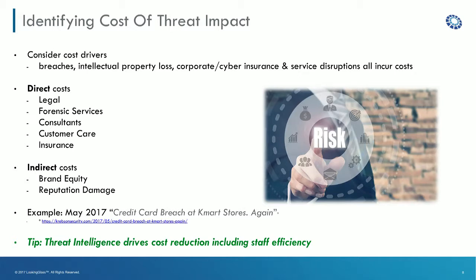For direct costs, forensic analysis to understand the full impact of a breach, to understand how much data was stolen or what systems were actually affected and how they were affected, is potentially both a lengthy as well as involved process that somebody has to pay for. And that's often a direct cost in your organization. But there's also indirect costs which impact your organization around brand equity and reputation damage.